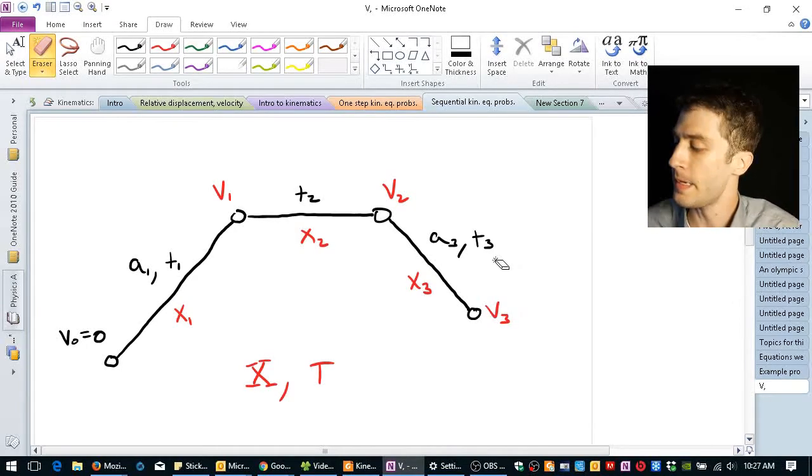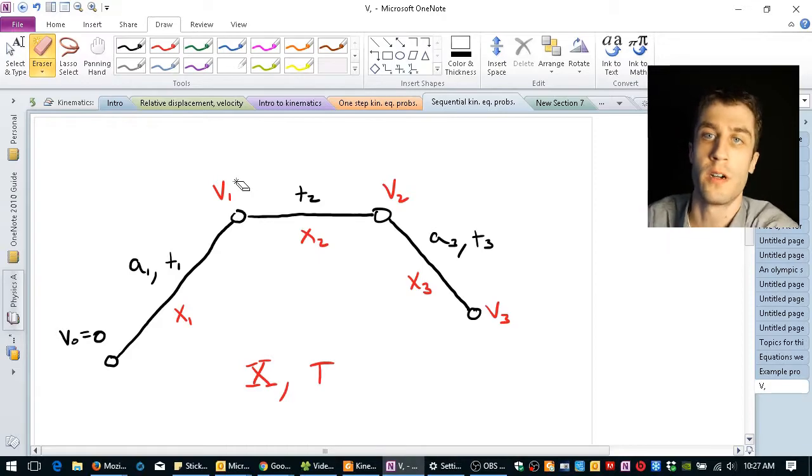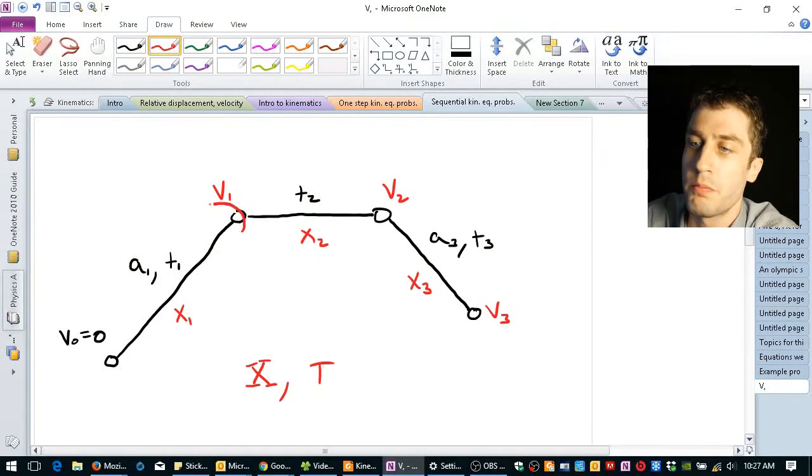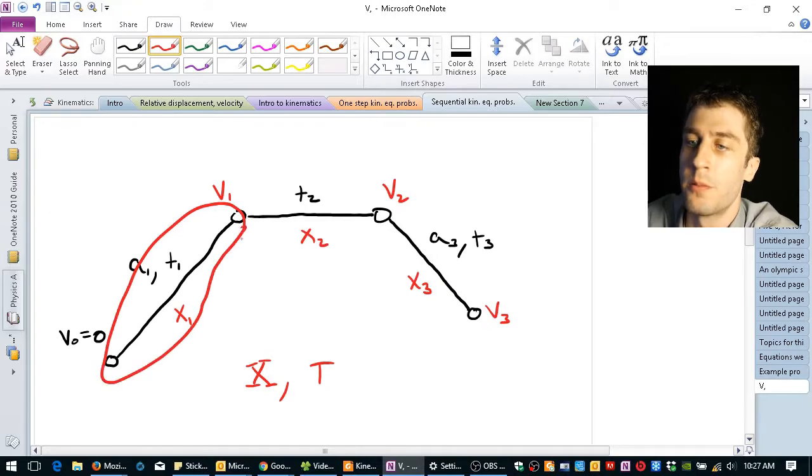Okay, so here's the overall strategy. For every diagonal leg, we're going to get two equations, and those two equations are going to be two kinematic equations.